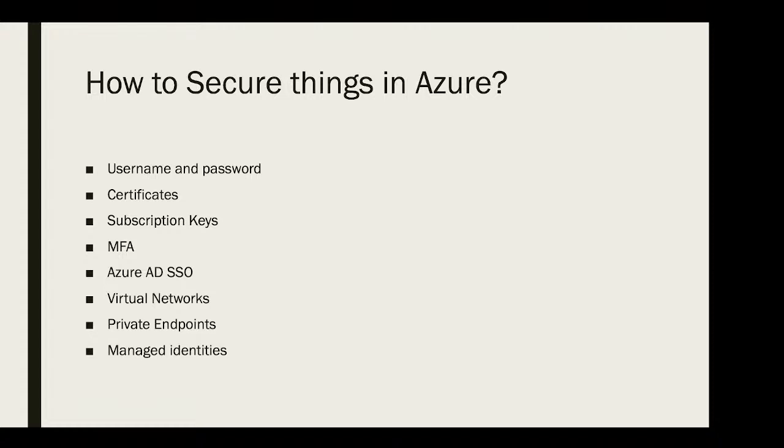It's single sign-on, it's secured, and there are plenty of standards that Microsoft adheres to when they are doing things. And then we have the virtual networks. What virtual networks allow you to do is restrict the access to the external public internet by having virtual networks and securing them inside the NSGs.